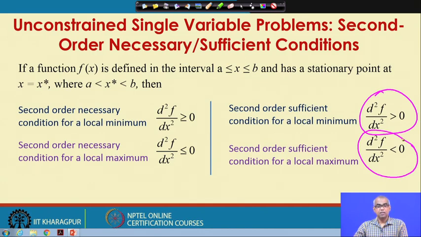If d square f/dx square at x star is greater than 0, then that is sufficient to tell that the point x star is a local minimum. Similarly, if d square f/dx square is less than 0, you can say that the point is a local maximum.